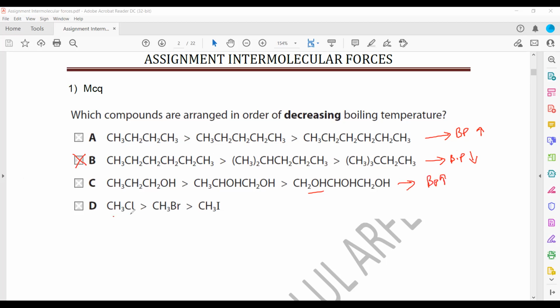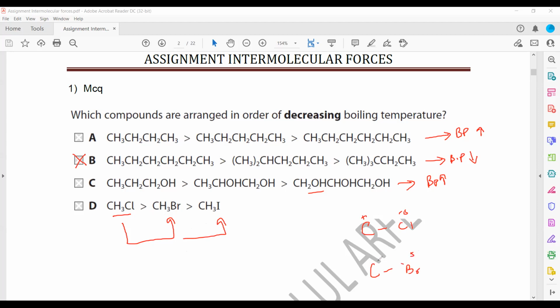What happened here? First it is CH3Cl, then CH3Br, and then CH3I. When we check the intermolecular forces, the bond between carbon and chlorine will be more polar compared to the bond between carbon and bromine.